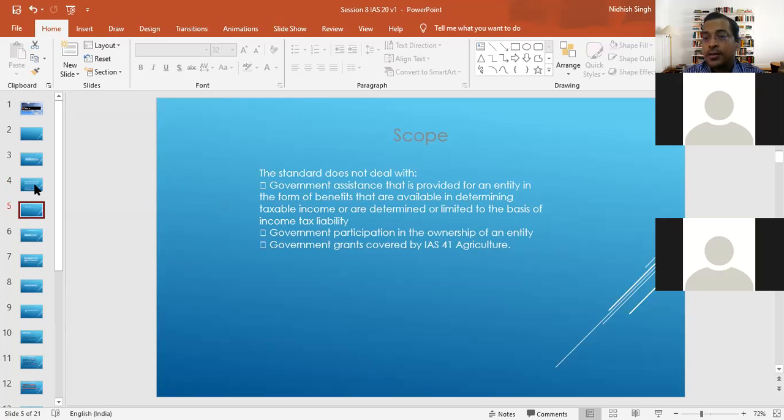So government investment as such is not part of this because it's not a grant, it is an investment, it is ownership. And finally, if a government is providing any tax exemptions or tax benefits for the purpose of calculating income or tax liability, that is not part of this standard because that is more of a tax code and tax related matter.